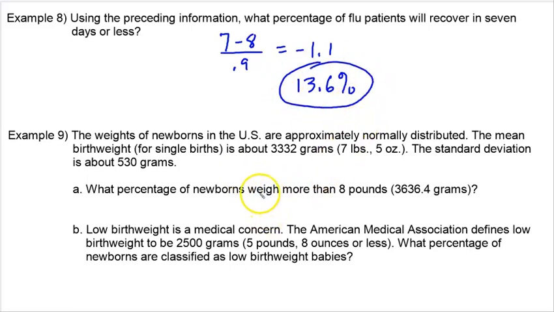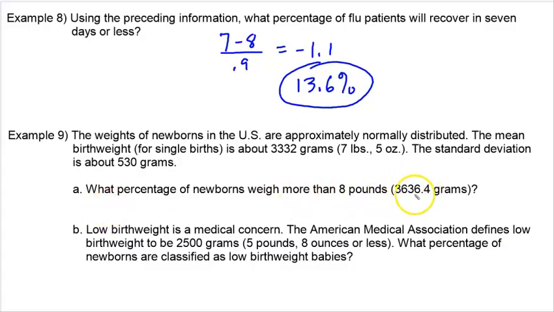Here's another one. The weights of newborns in the U.S. are approximately normally distributed. The mean birth weight is about 3,332 grams. The standard deviation is 530. What percentage of newborns weigh more than 8 pounds? We have to find the z-score.